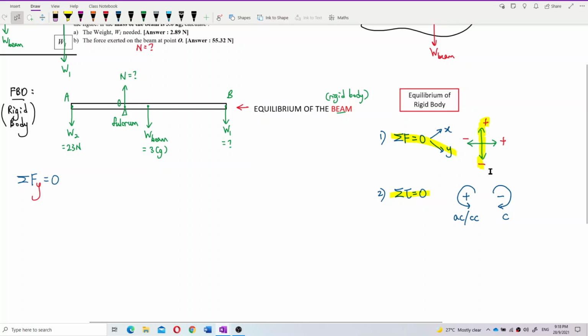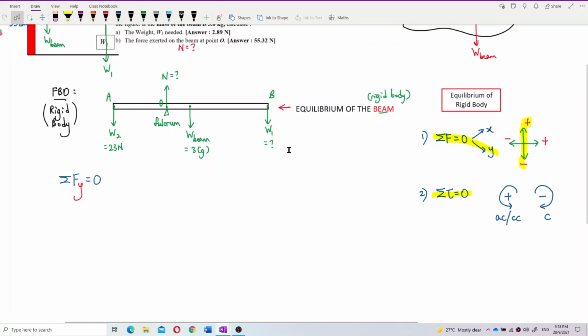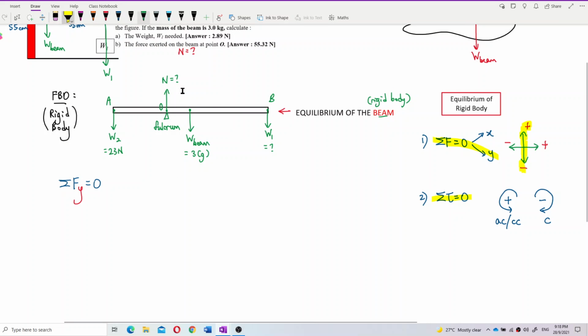So normal force going up, so it's positive. And then for W2, W1, and the beam weight, all of them are negative because all of them are going downward. So write negative, negative, negative.